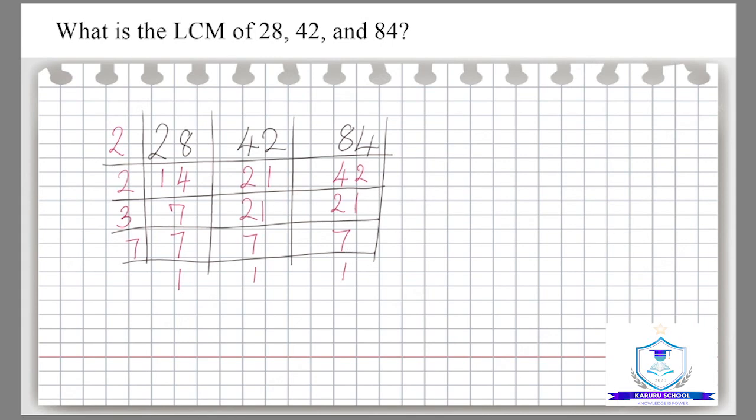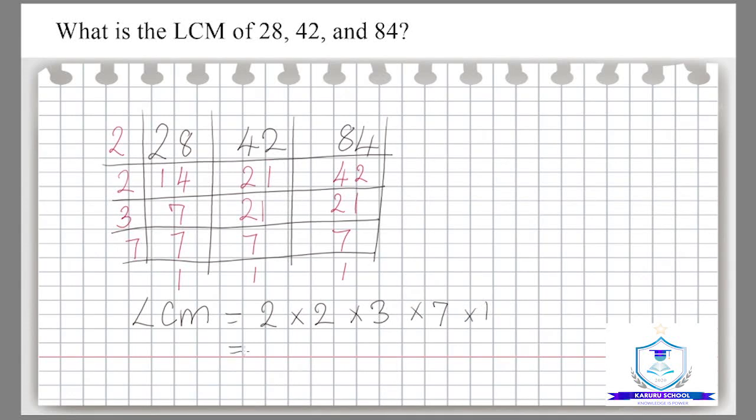So to get the LCM, or the least common multiple, we will multiply all the factors throughout the expression that we have. So our LCM here will be equal to 2 multiplied by 2 multiplied by 3 multiplied by 7 then multiplied by 1.